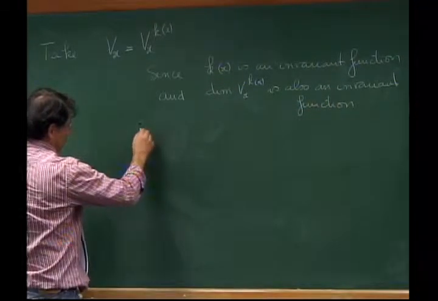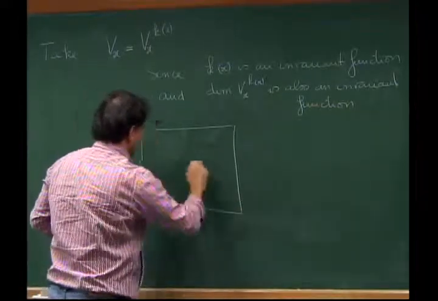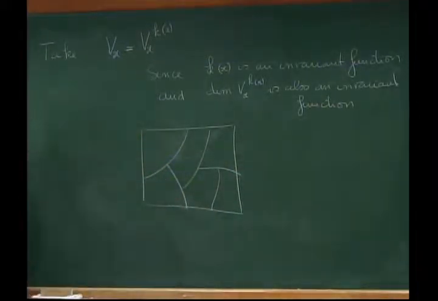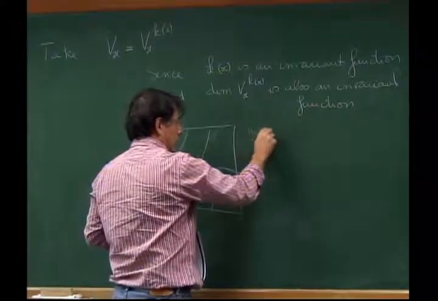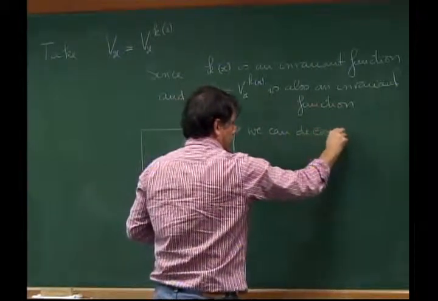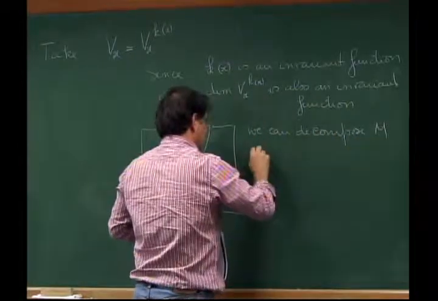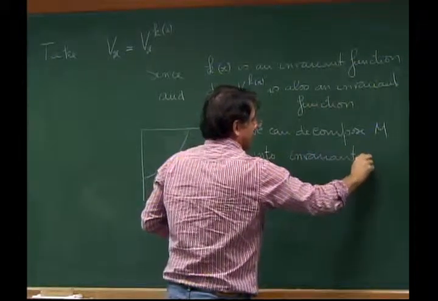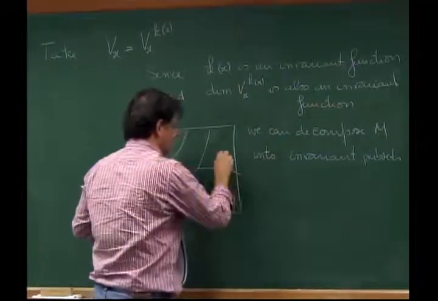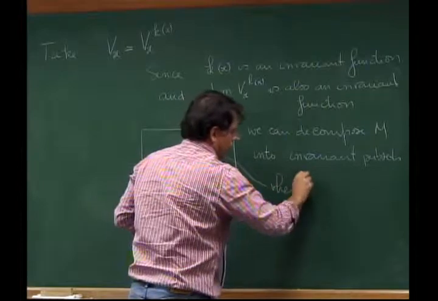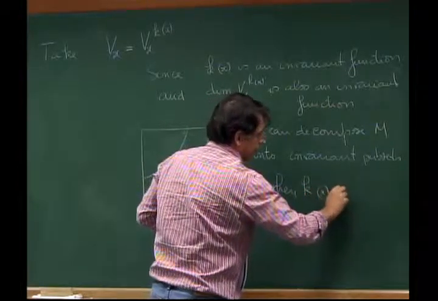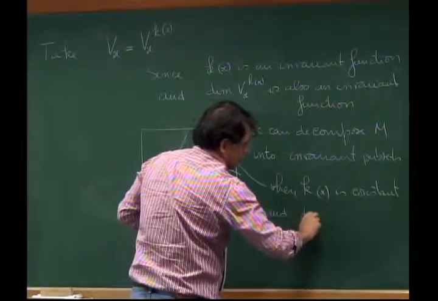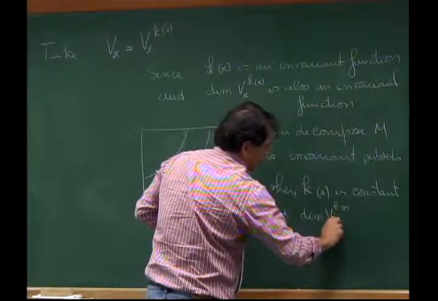We can always take our space, M, and we can decompose M into invariant subsets like this one, where k is constant and the dimension of V_x^k is constant.